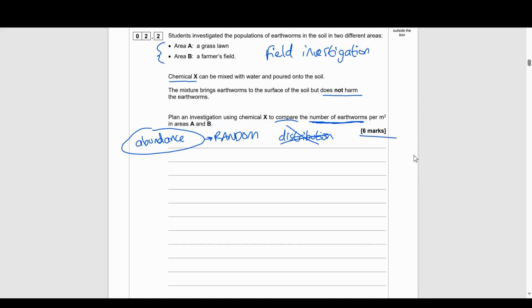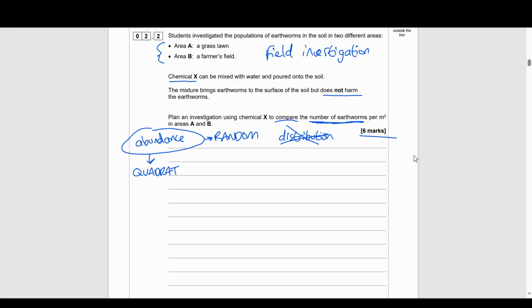So we're trying to avoid bias. The second thing that we need to include is the piece of equipment that we're going to use to do this, and it will be a quadrat. So, discussing the fact of doing this randomly somehow, and discussing the fact that we need to use a quadrat is going to allow us to pick up some marks, definitely.